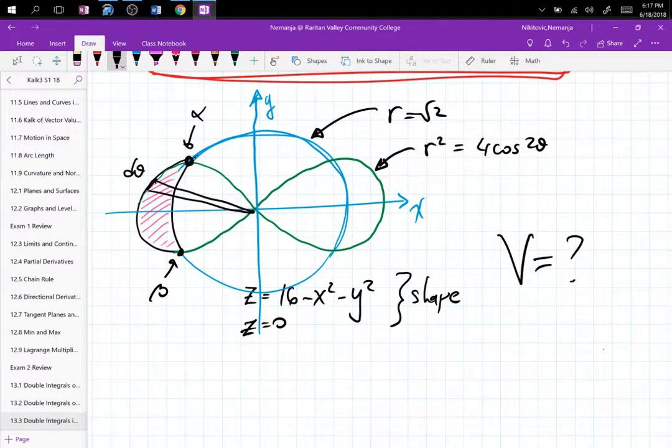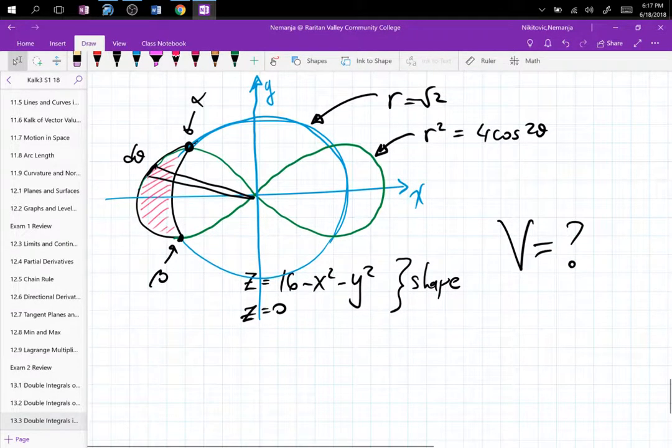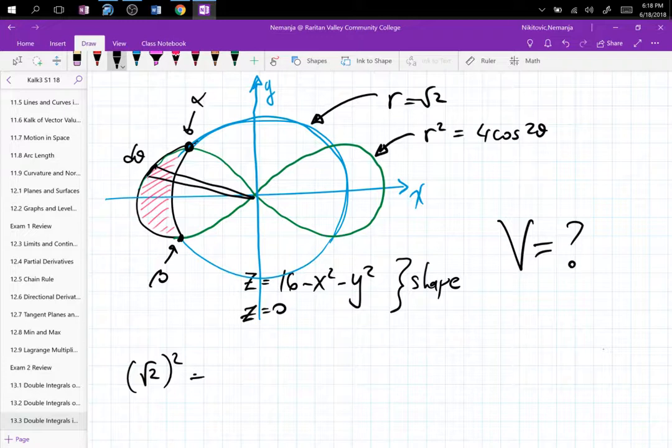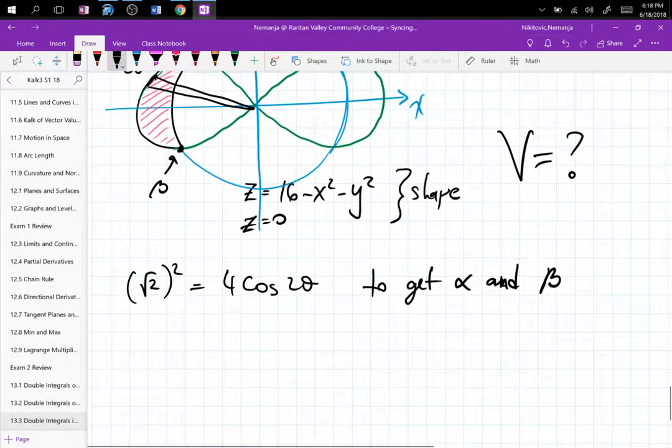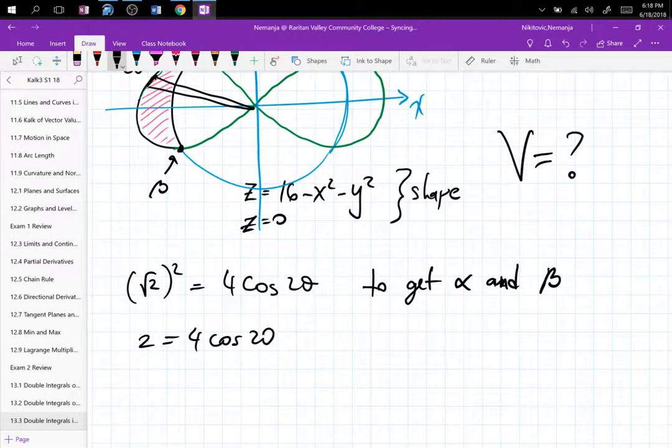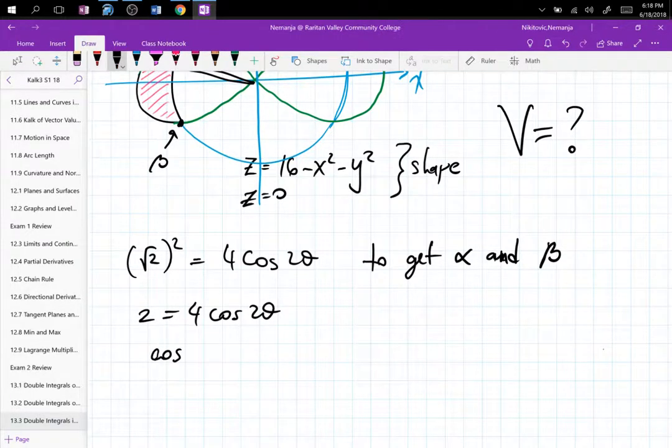What's the volume? Well, we are solving now: square root of 2 squared is equal to 4 cosine 2 theta. We are solving this equation to get alpha and beta. So 2 is equal to 4 cosine 2 theta. Cosine 2 theta is equal to 1/2.